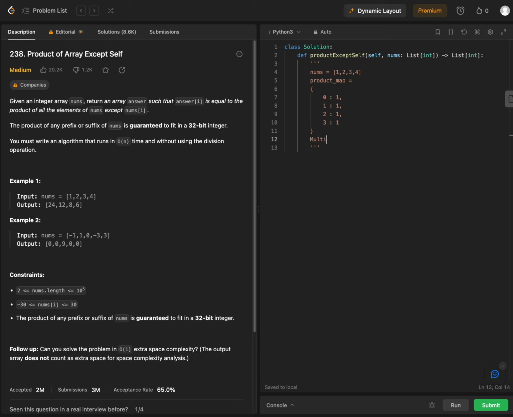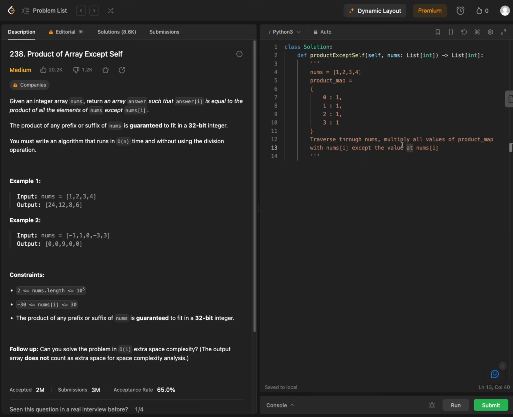Let me type it down. Traverse through nums, multiply all values of product map with nums[i] except the value at nums[i], right?